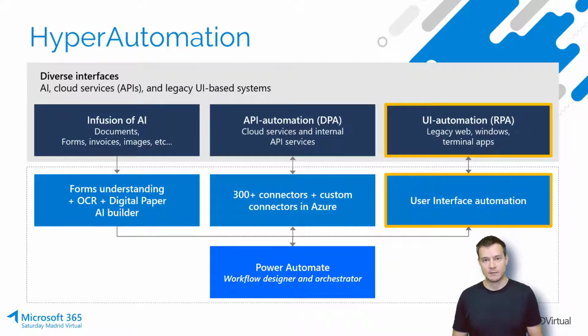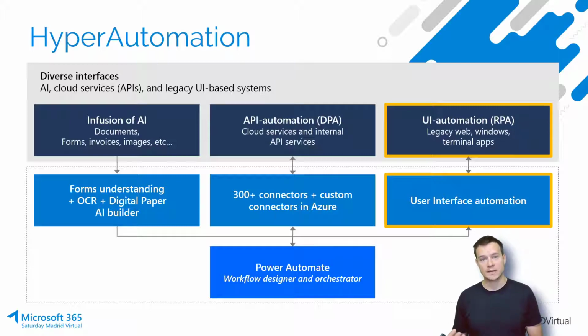Then, when speaking about DPA, the automation on the digital level, we obviously have Power Automate with its connectors. It helps us connect to all these Office 365 and non-Office 365 applications that have their interfaces and connectors.